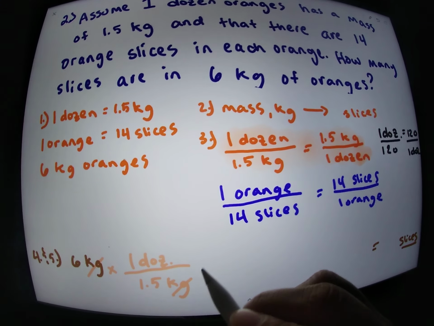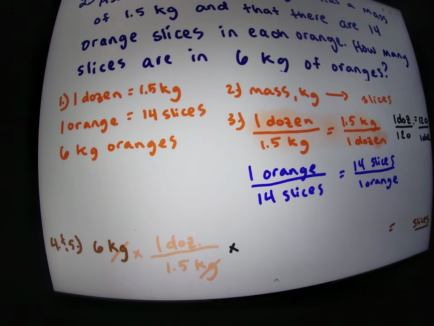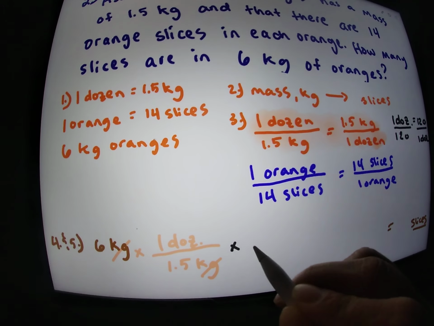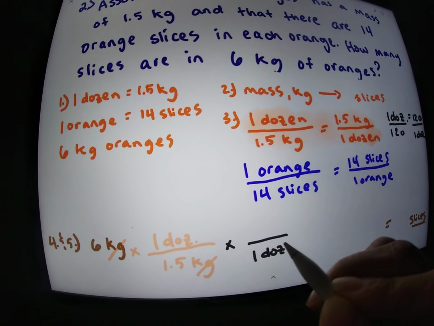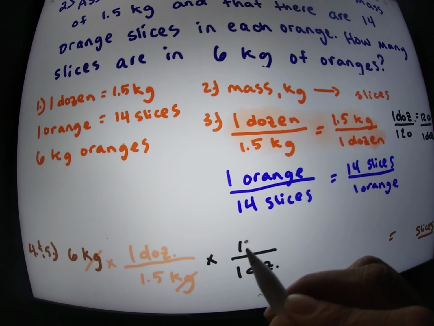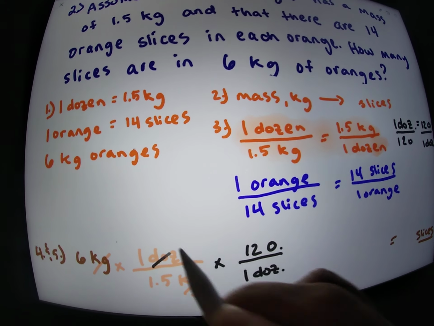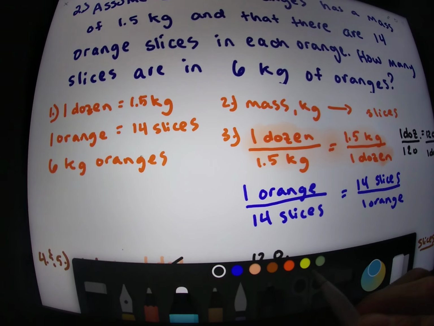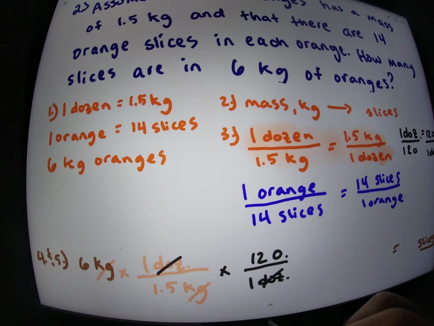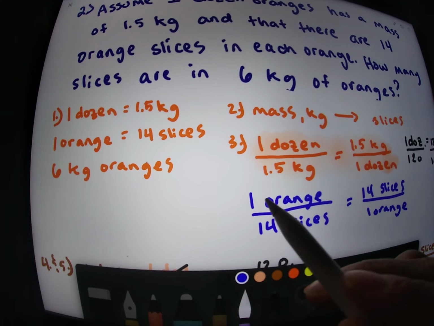So in order to get rid of the dozen, we're going to put the dozen at the bottom. 1 dozen equals 12 oranges. Dozens cancel out. Now we're at oranges. We're going to use one of these.